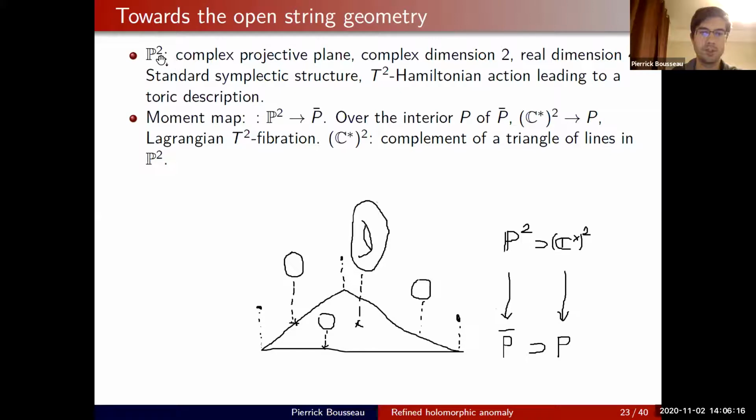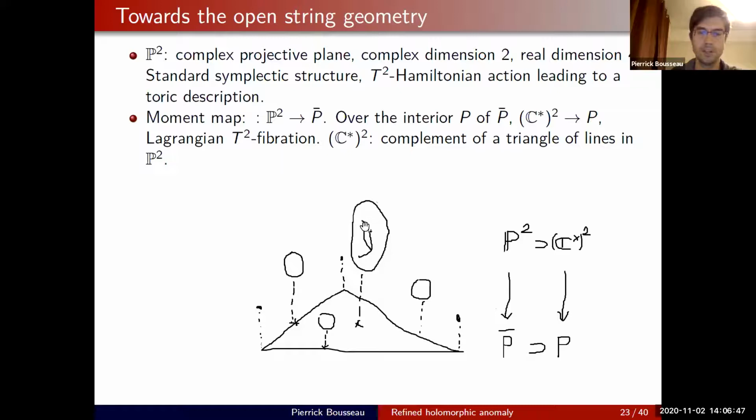If you start with a projective plane P2, you can view it as a T2 fibration over some triangle. P2 has a T2 Hamiltonian action. If you look at the corresponding moment map, you get this torus fibration structure on P2 where the fiber over a point in the interior of the triangle is a 2-torus. At the boundary of the triangle, this torus degenerates to a cycle. And at the corner, the full 2-torus degenerates to a single point.